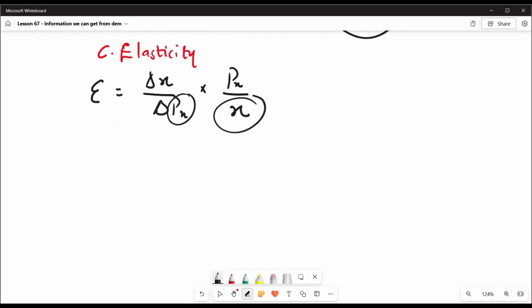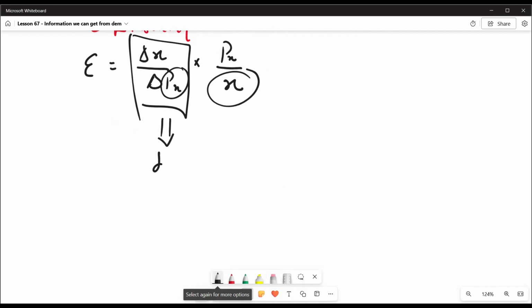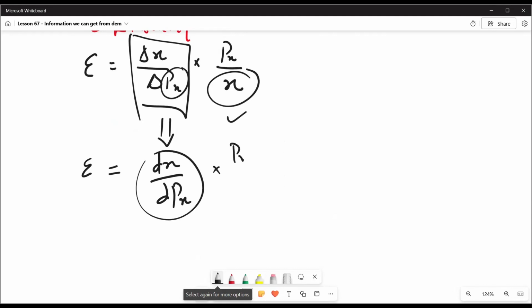If we use calculus, then we can replace the ratio of discrete changes with a derivative. We can rewrite this as dx over dpx. So it means that this elasticity formula can be rewritten as this bit multiplied by that bit. So we have px divided by X.